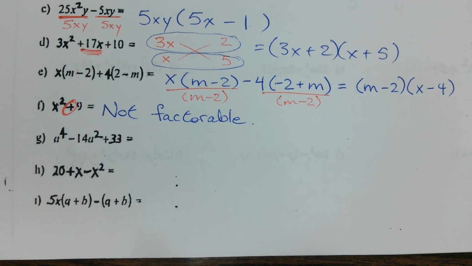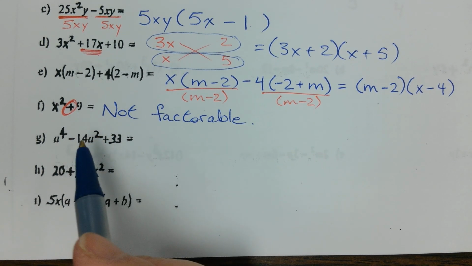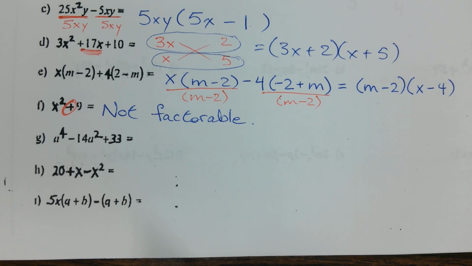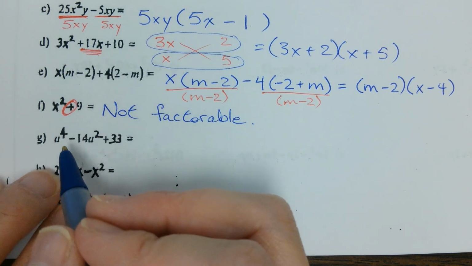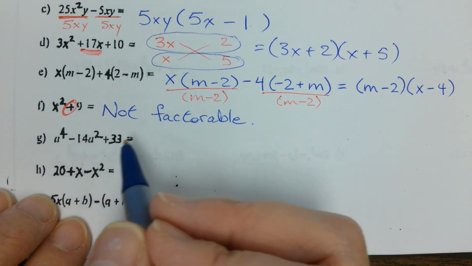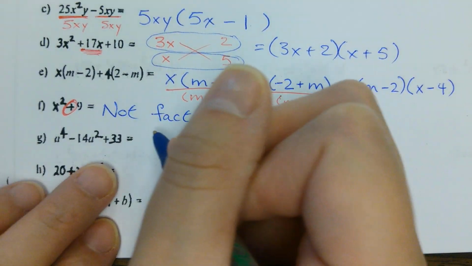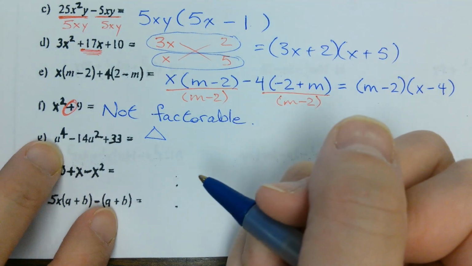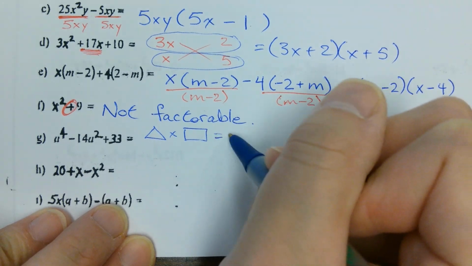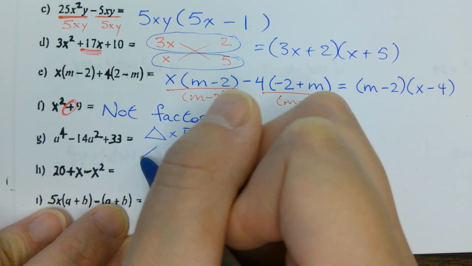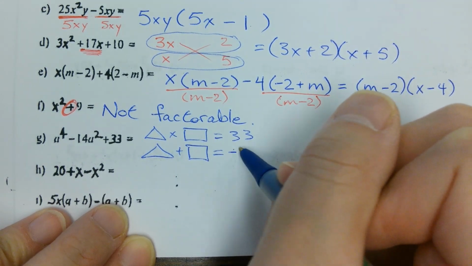This one right here, I don't think you'll see a question like this on the exam. I don't recall seeing something like this. But if you were to factor this, you would factor it the same way. So instead of a and a, it will be a squared times a squared. You can still do the triangle and square method because the coefficient in front is just 1. So triangle times square equals 33, triangle plus square equals negative 14.